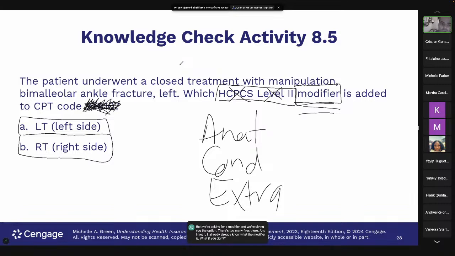But if you don't, you go to the reference and it says left. There are two options, one for left, one for right. So which one are you going to get? LT, A, or left? Let me do it a little bit differently. Let me actually pull it up.